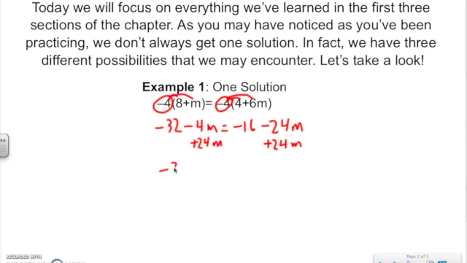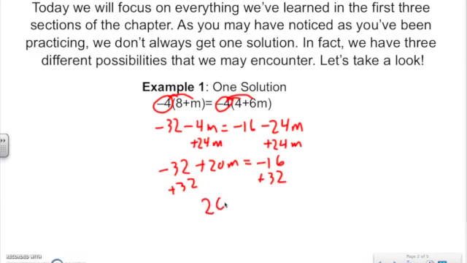So we're still going to have -32. Now this is going to become -4m plus 24m is plus 20m. And that's going to equal -16 on this side. So we're going to add 32 to both sides.